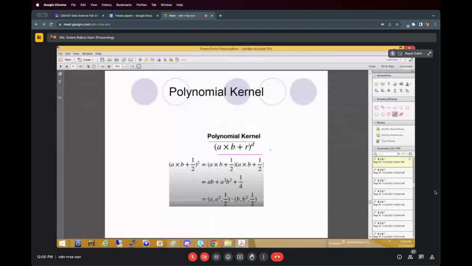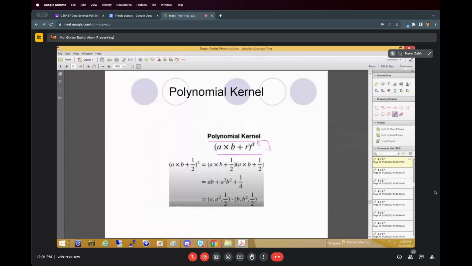So here d is our polynomial degree, and a and b are the data points, and r is a constant.